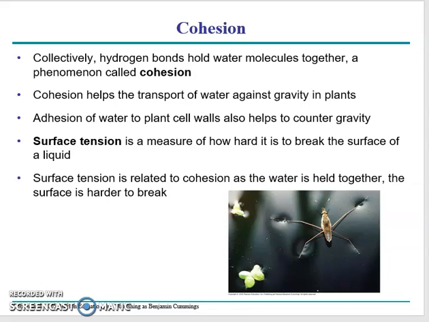Okay, so let's talk about cohesion first. Collectively, hydrogen bonds, that little stickiness that each water molecule has towards each other because of that polarity, holds water molecules together, right? So that's called cohesion. Now you can see right here, this little pond skater on the surface of a pond. It's not sinking in the water.